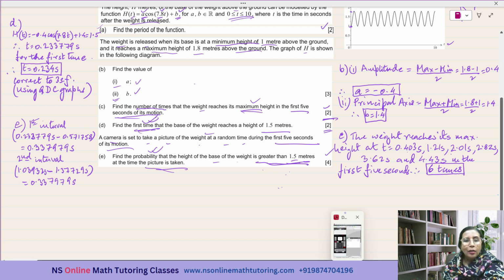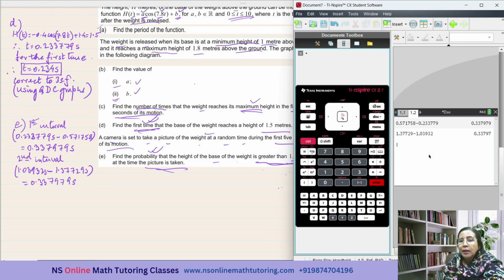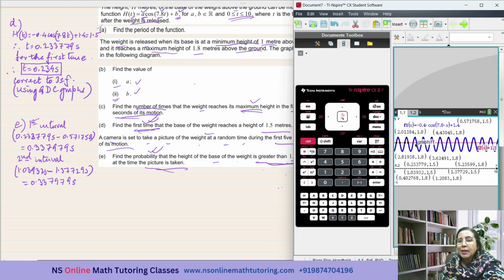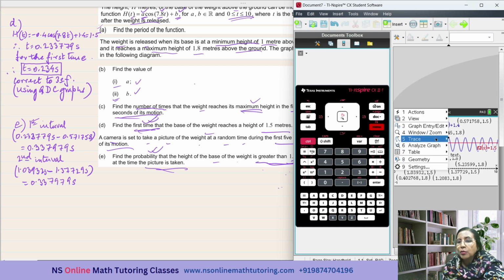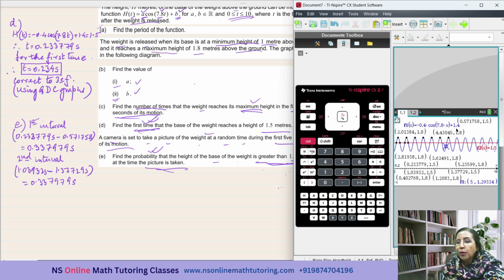Okay. And now, number of favorable outcomes. I have to get the number of times that the base of the weight is above 1.5 meters in the first 5 seconds. So how many peaks are there in the first 5 seconds? We have seen it is 6. I am going to the trace feature once more, and you see this is x equal to 5.